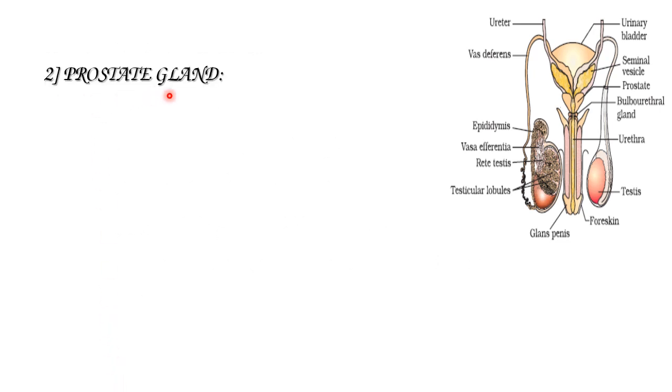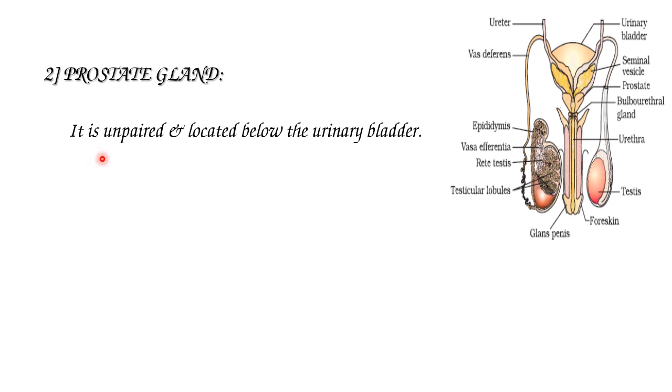Prostate gland. The prostate gland is unpaired. That means only one prostate gland is present, located below the urinary bladder. Let's observe the diagram. The leaf-like structures are the seminal vesicles, and this region is the urinary bladder. Below this urinary bladder is the prostate gland.